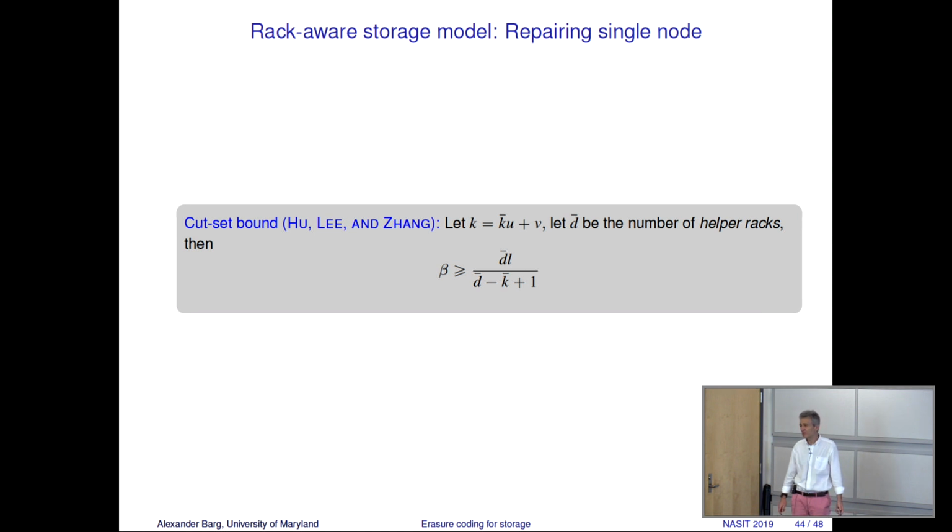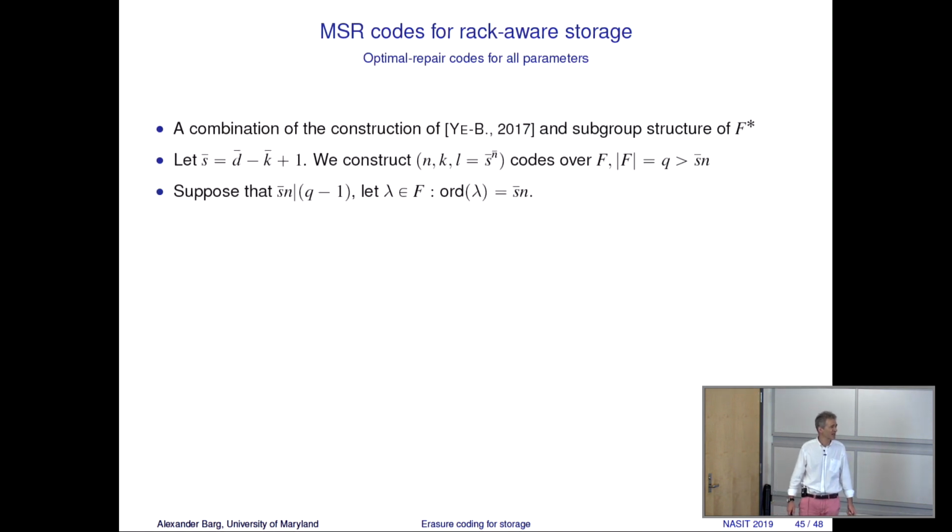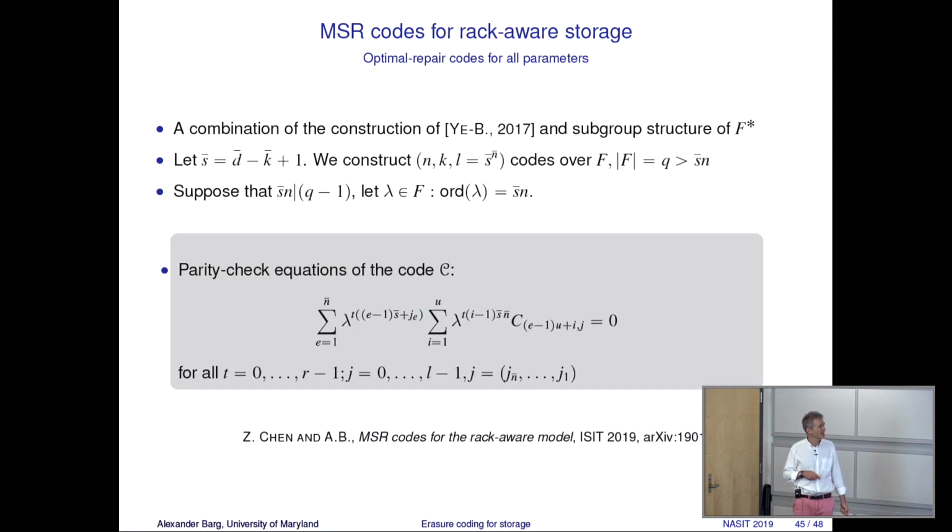Perhaps I should not say more apart from this definition, so that you are aware of the other versions of the problem. There is an algebraic construction that is a combination of the work with min, and we inject here the multiplicative structure of the field. It plays a role, and if you think of it just a little bit, it is clear why the multiplicative structure comes into the picture.